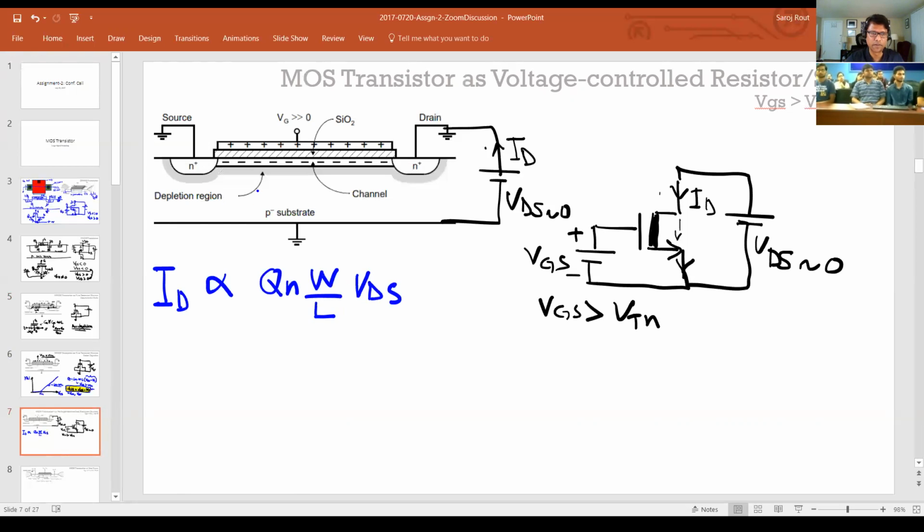By the way, I don't know if I made it clear, but the L is this distance here. I think everyone probably knows by now. So that's your length of the transistor from the drain to source. And then if I draw the 3D version of this, that gate, this is going to be your W, right?